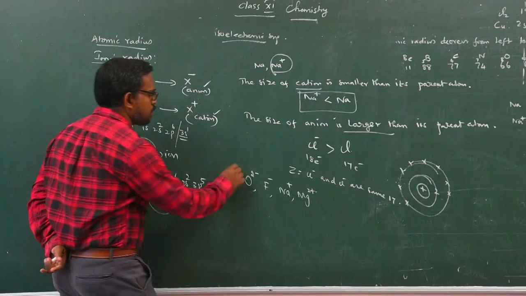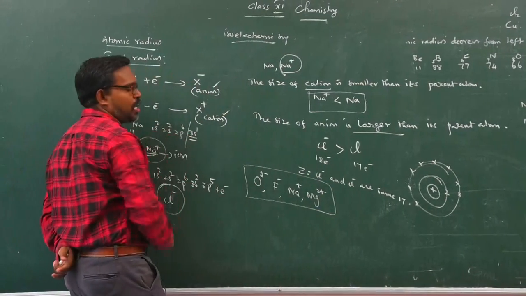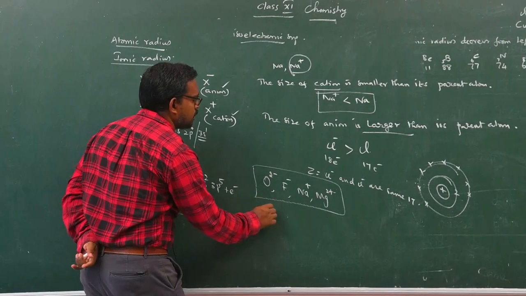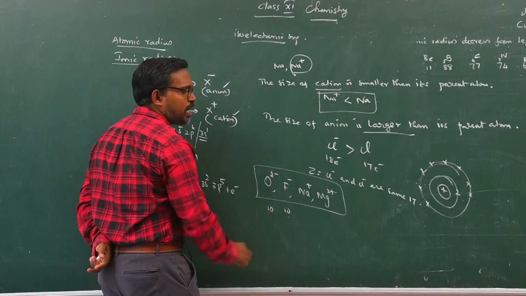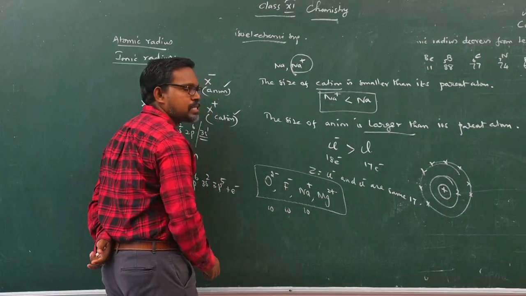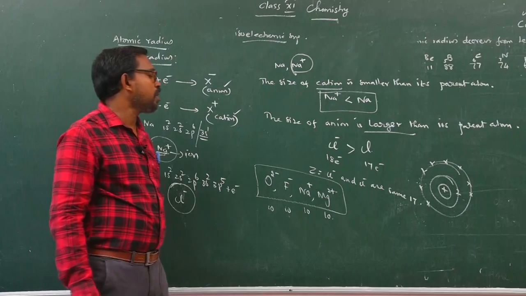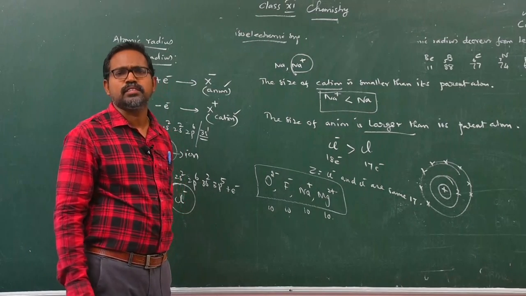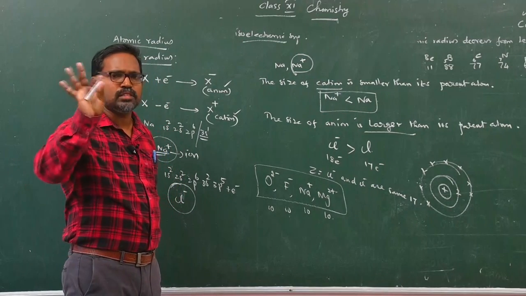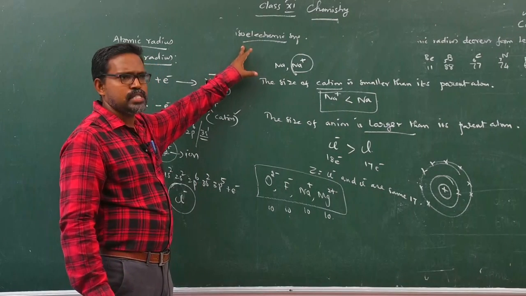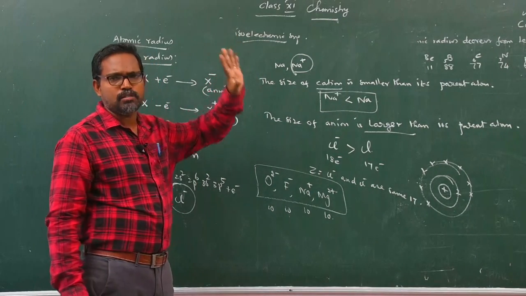In each of these ions, the number of electrons is 10. In all these cases, the number of electrons is the same. Therefore, these species are called isoelectronic species.